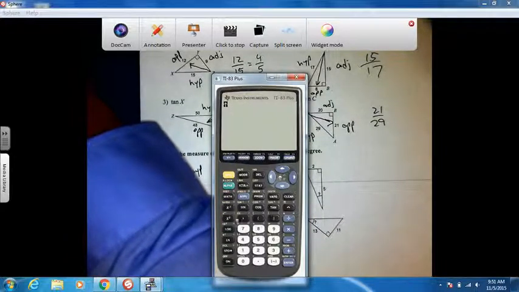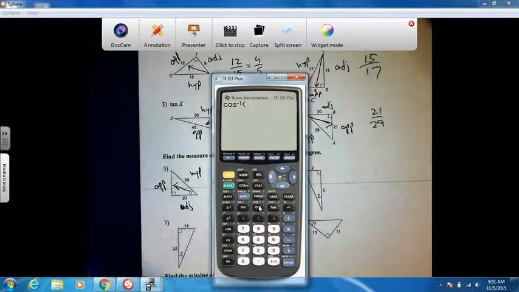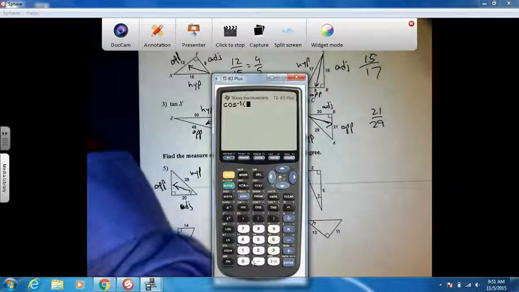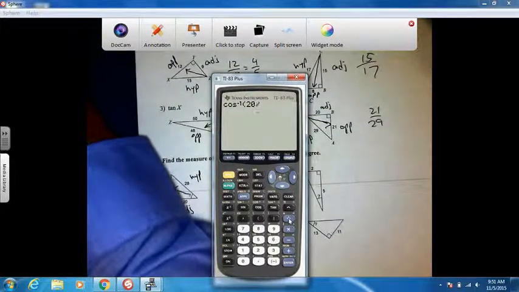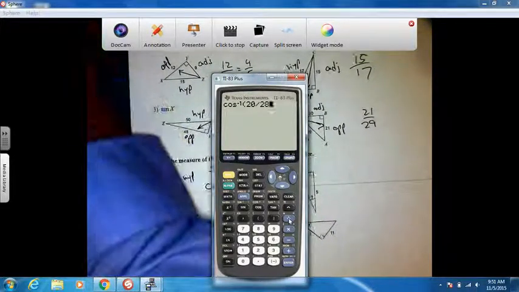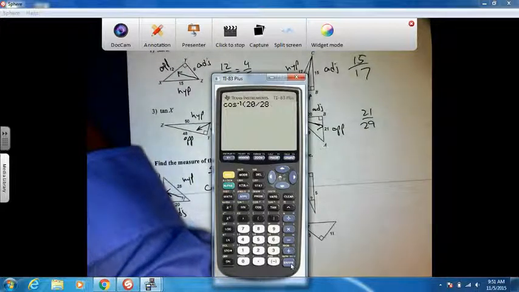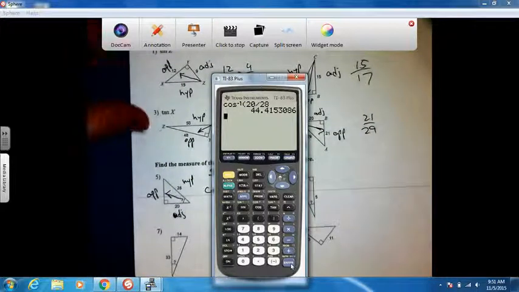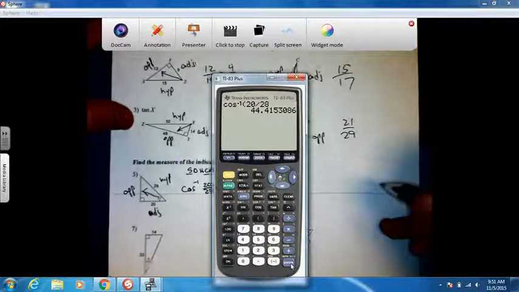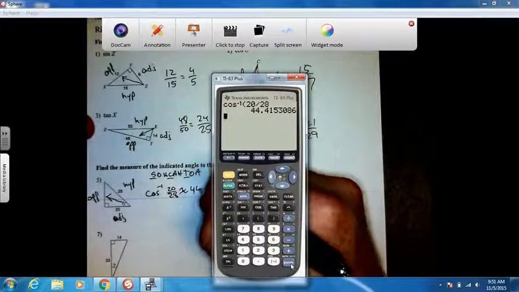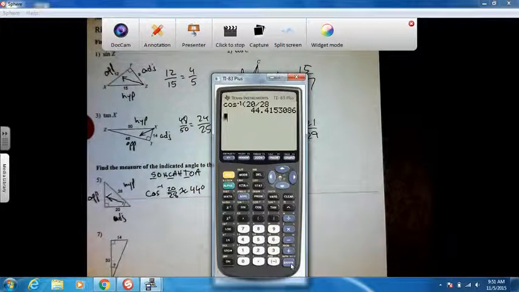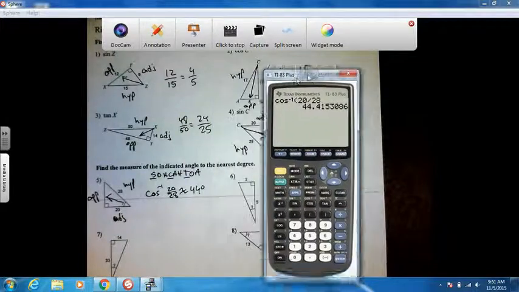So second cosine of 20 over 28. I'm going to hit enter. And they want the nearest degree, so I would say about 44 degrees. Good enough. Moving on.